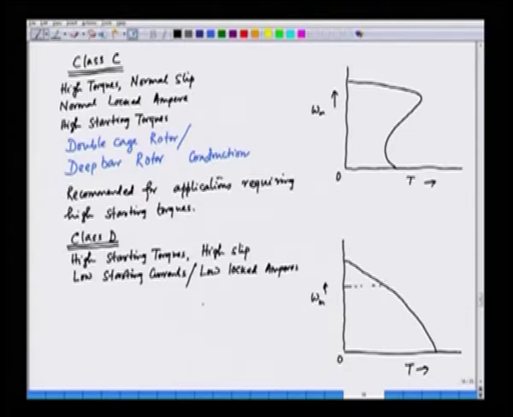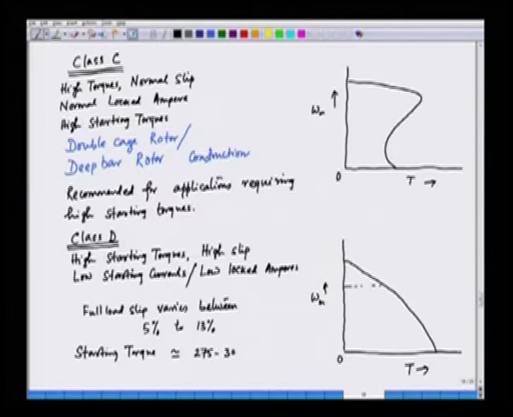The full load slip varies between 5% to 13%, and the starting torque could be 275 to 300% of full load torque.